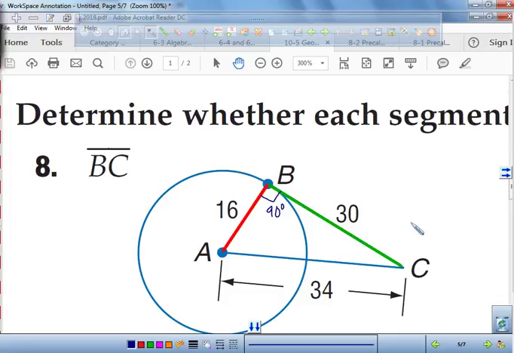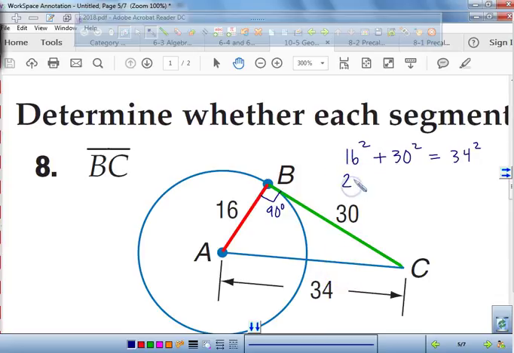So here's what I need you to do to test if this is indeed a tangent segment. You must test: is 16 squared plus 30 squared actually equal to 34 squared? If this segment squared plus this segment squared equals this segment squared, then yes, it is a tangent segment. If it's not, then no.